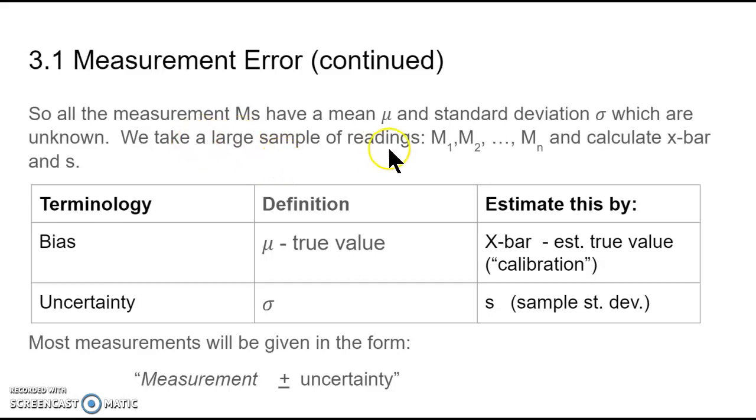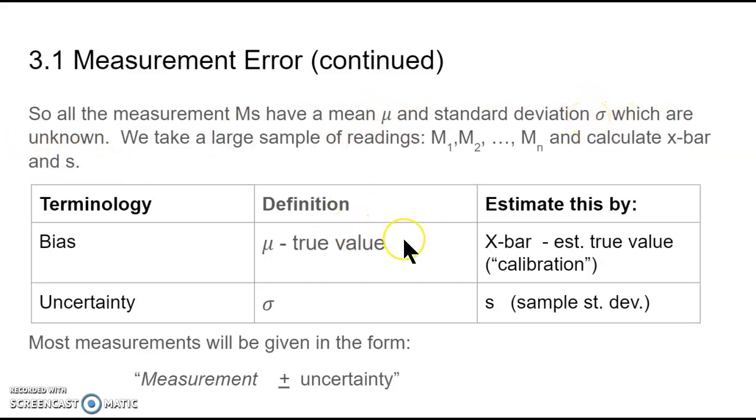We're going to take a large sample of readings, M1 through Mn, and calculate X bar, a sample mean, and a sample standard deviation. We're hoping that X bar and the sample standard deviation are close to the mean mu and the standard deviation sigma.